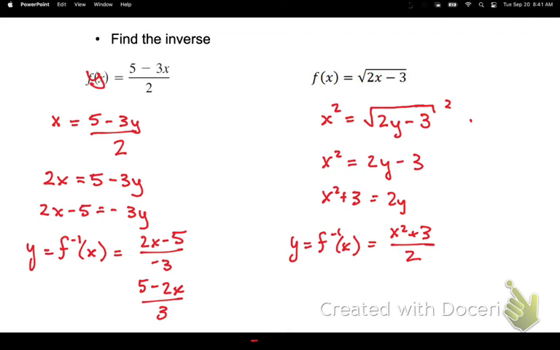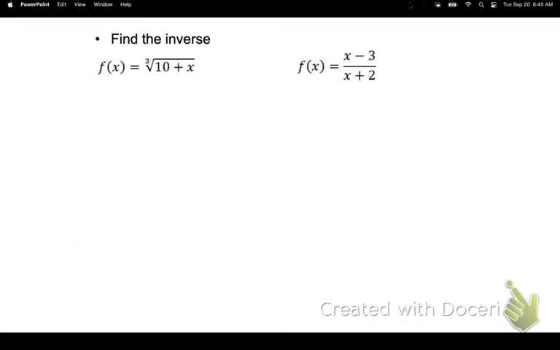I didn't know if you could just make the twos the squares. Well, the rule of thumb is I can do anything I want to an equation as long as I do it to what? Both sides. I can do anything I want to a fraction as long as I do it to both the numerator and the denominator. So I'm not changing it, I'm just rearranging what it looks like.